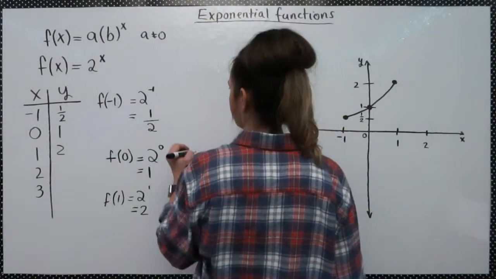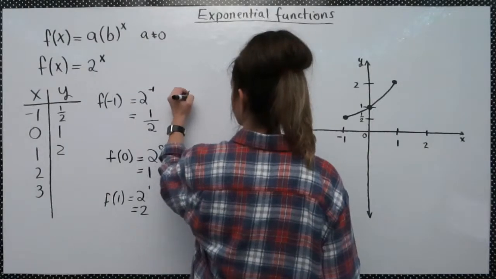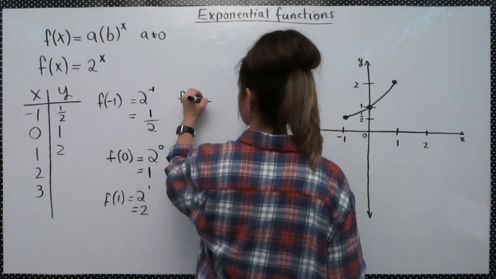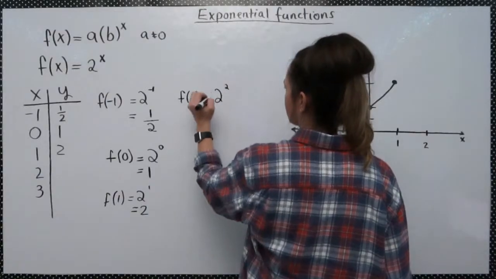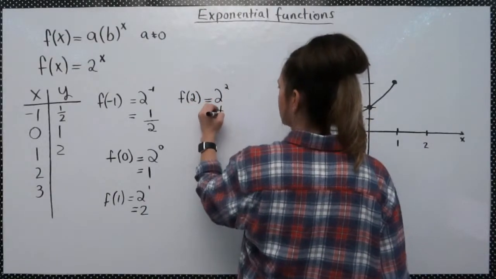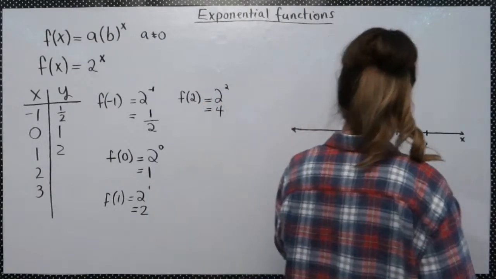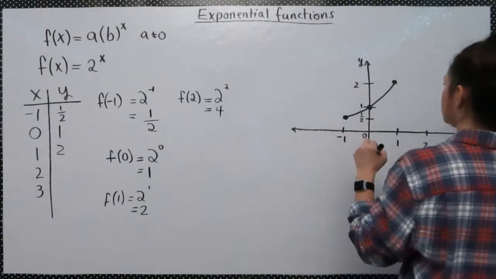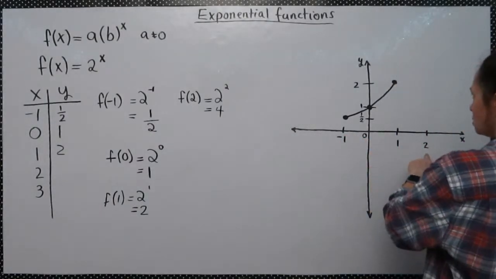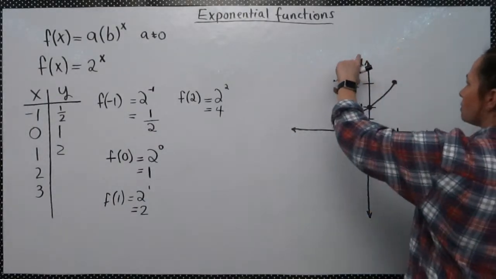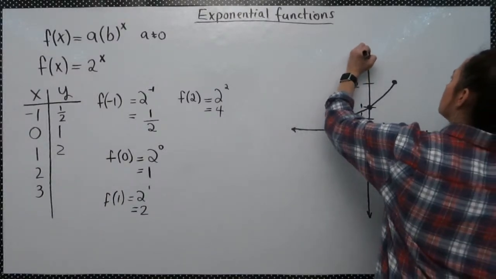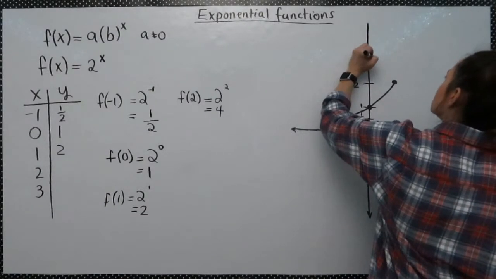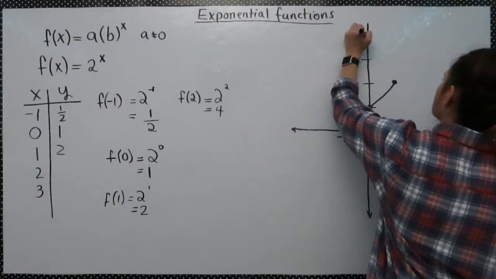We have f of 2 is going to be 2 to the second power, which is 2 squared, which is 4. So we're already way up here at 4. Let's raise the graph up a little bit. So 3, 4.